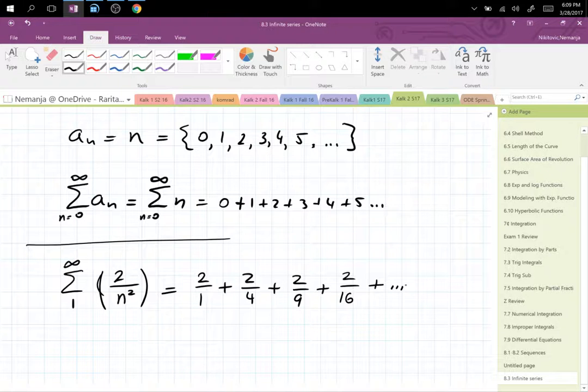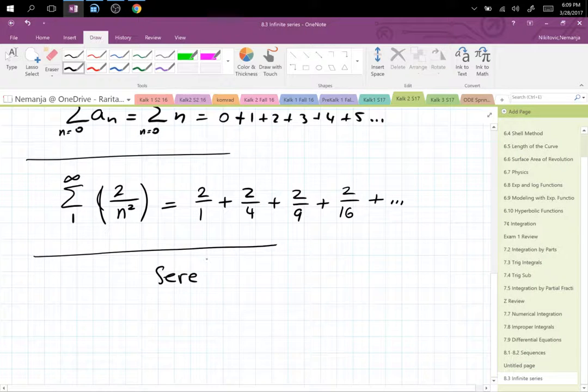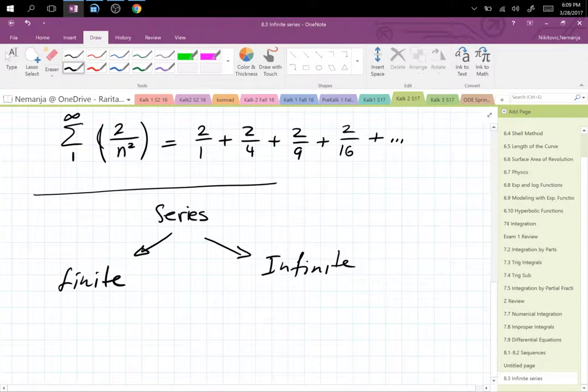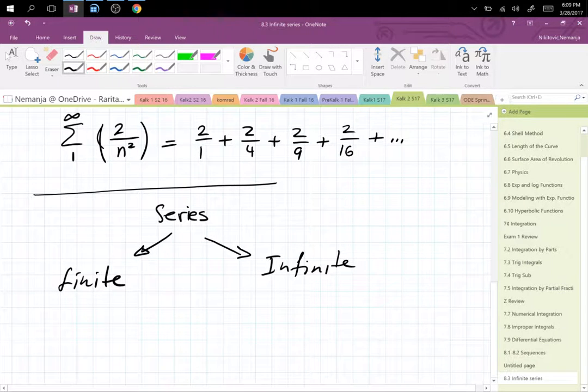Okay, so now what kind of series do we have? So series divide into finite and infinite. These finite ones, not interesting.